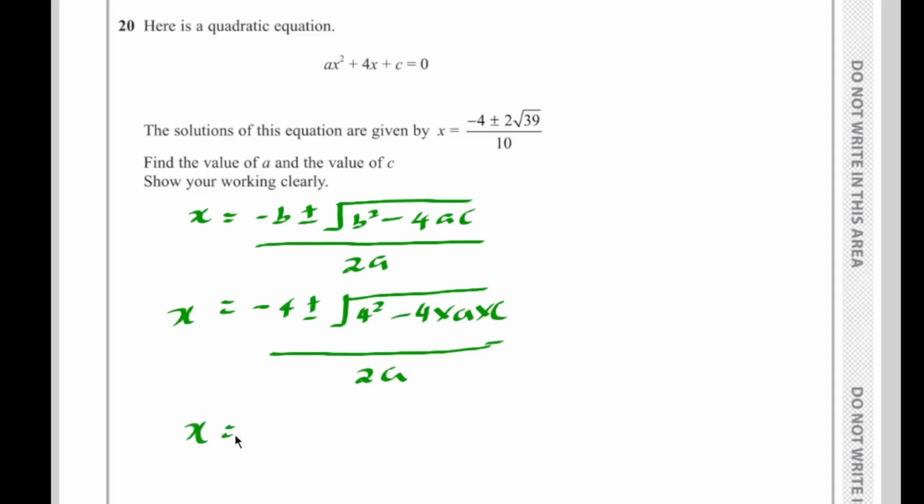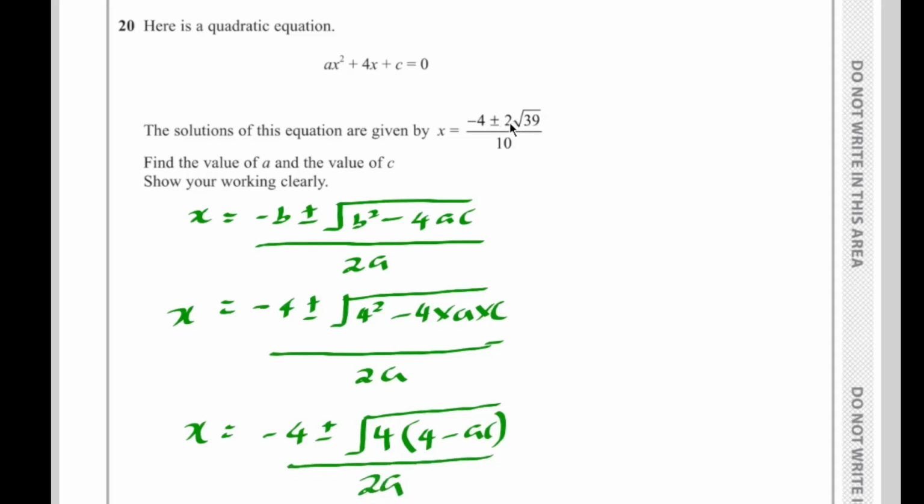x equals, I'm simplifying a bit more, minus 4 plus or minus. Here this is 4 squared, so I'm factorizing 4 out. Then here 4 minus ac, over 2a.